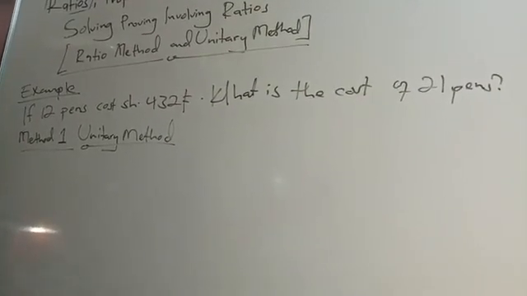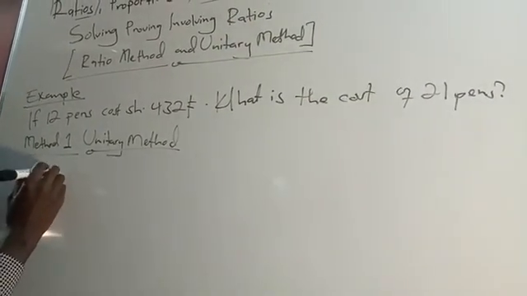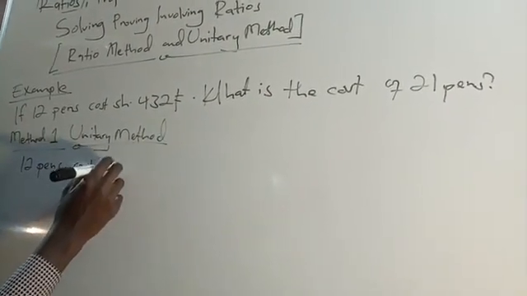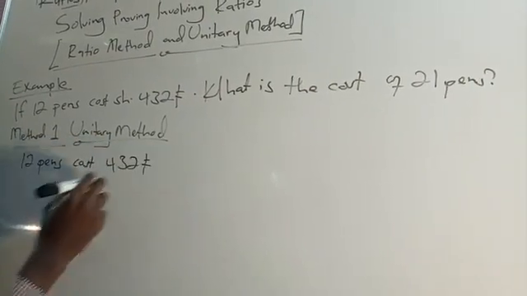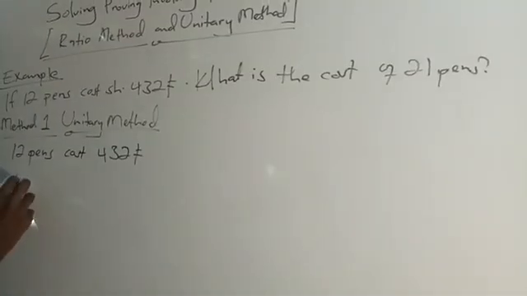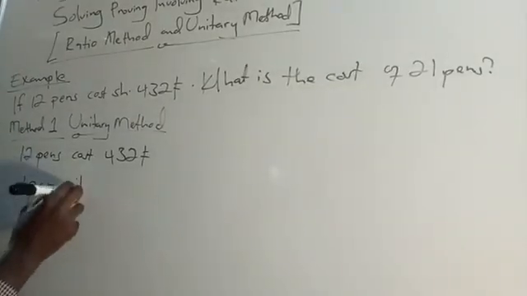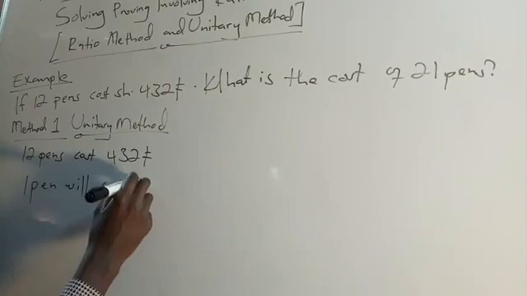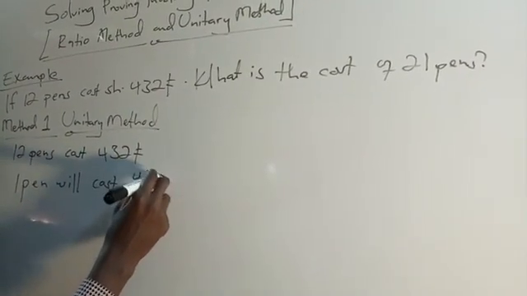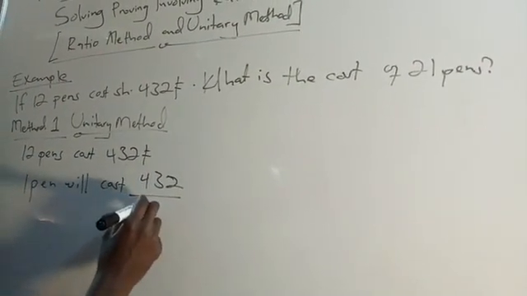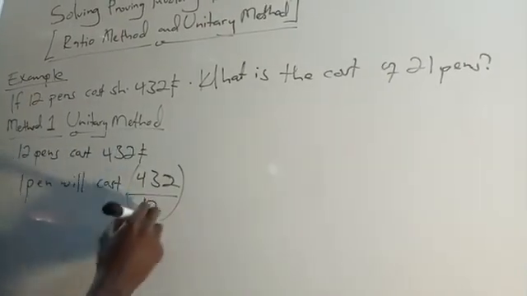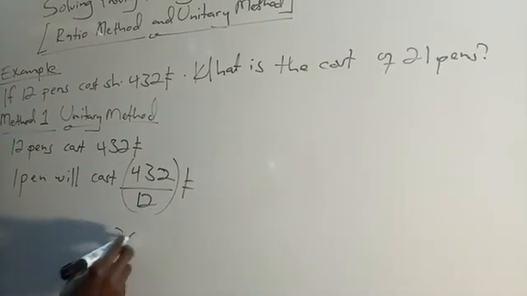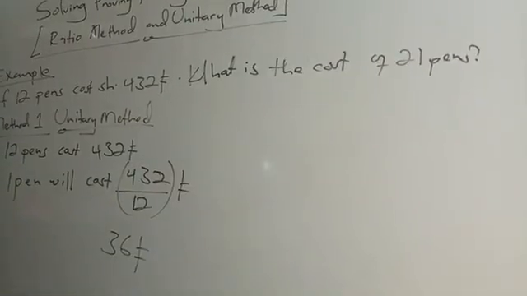we shall say that 12 pence costs 432 shillings, and so 1 pen will cost 432 divided by 12, and these are shillings, getting 36 shillings.